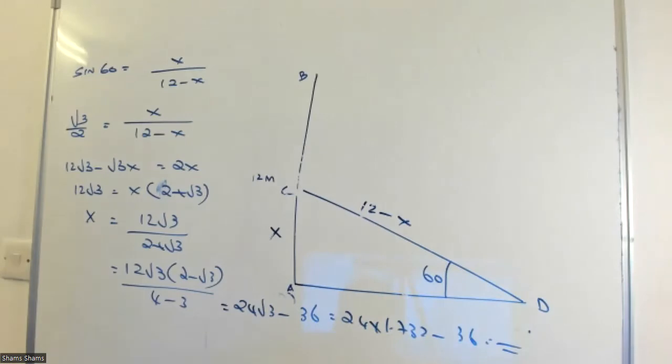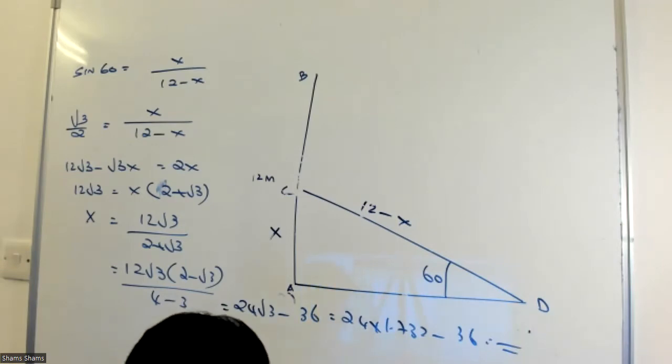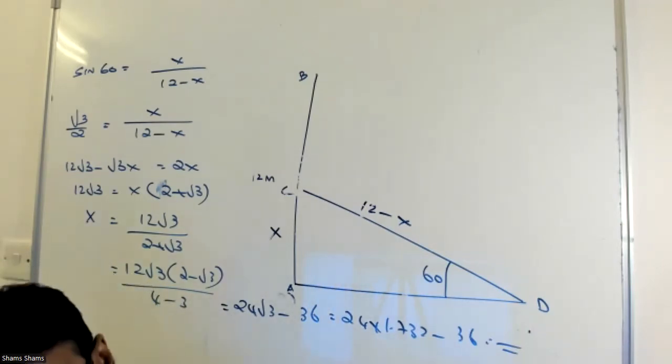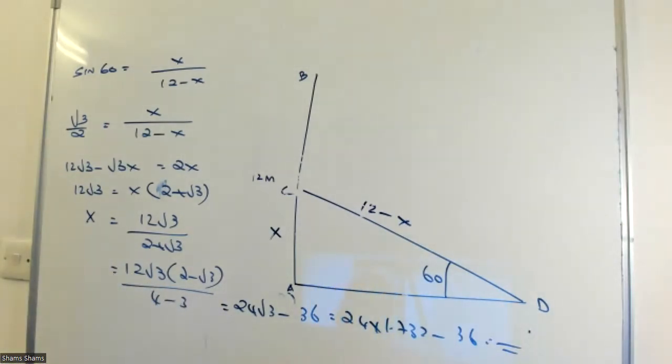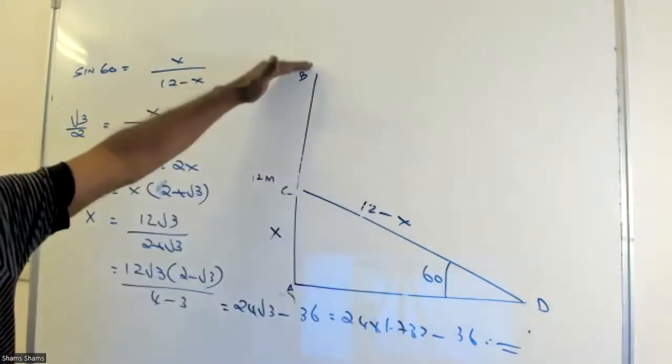The top struck the ground at an angle of 30 degrees at a distance of 30 meters from the root. Find the whole height of the tree. That means you have to find the full height.